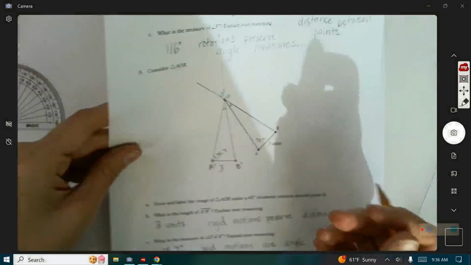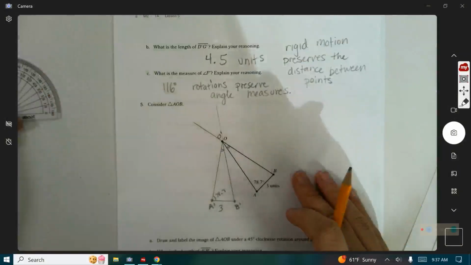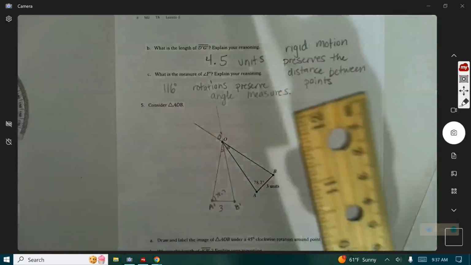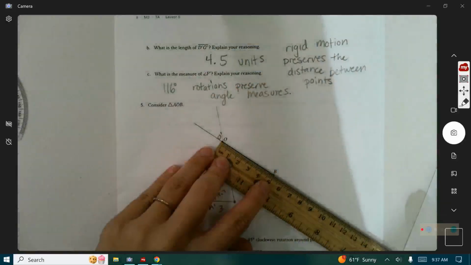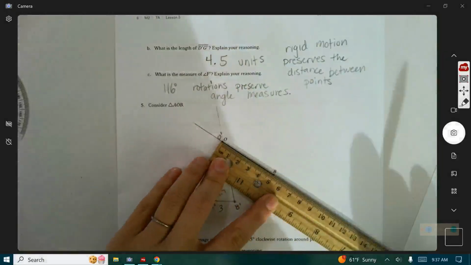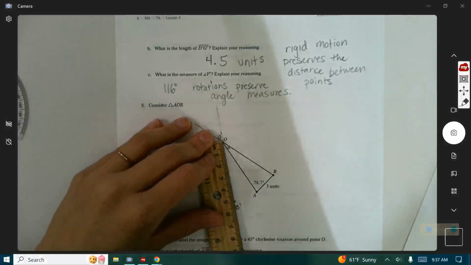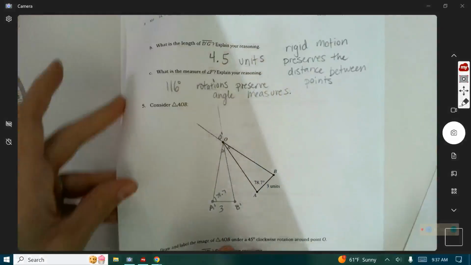A little bit over 20. But that is true. In problem 5, OB is the same length as OB prime. So from here to here and here to here. That appears to be about 5 centimeters. And so does that one. So that is true.